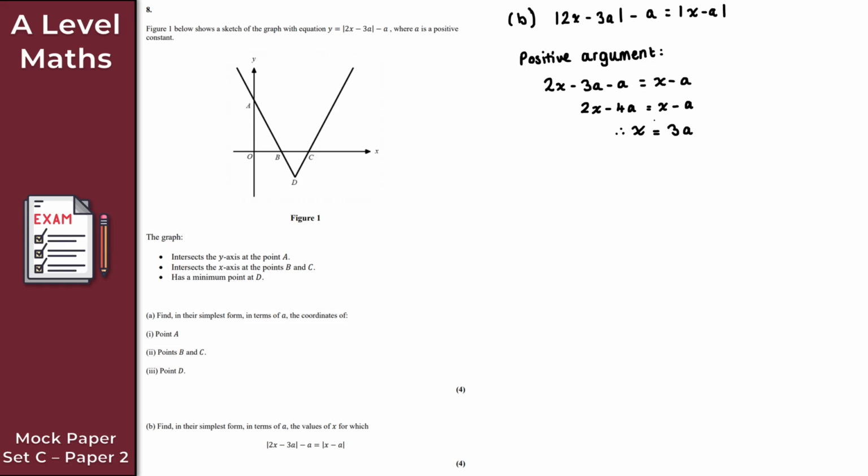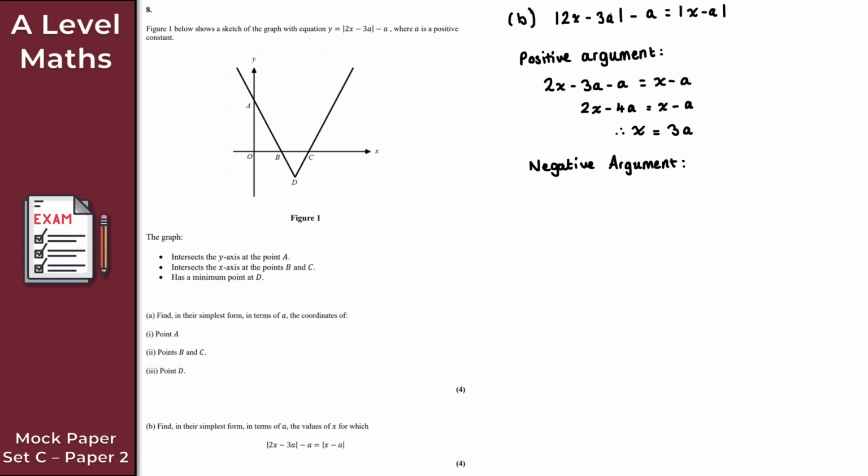So that's the positive argument, but we're not done because, as we mentioned before, we also need to consider the negative argument. For the negative argument, this is now basically the opposite signs within my modulus function.